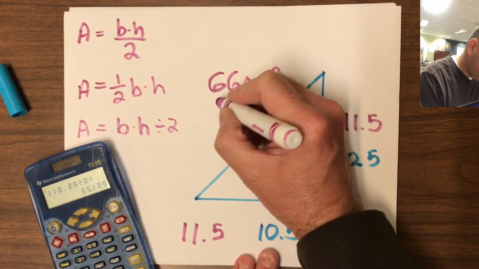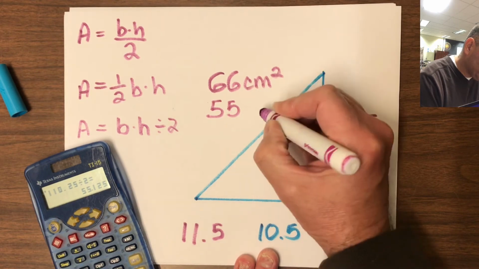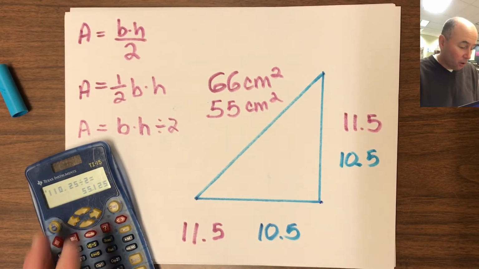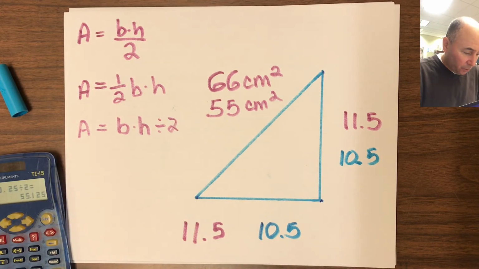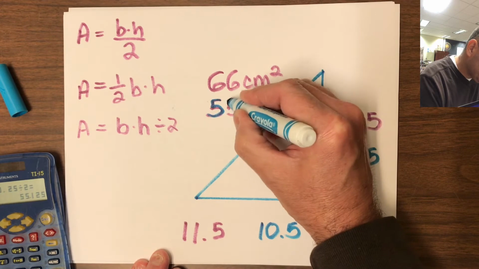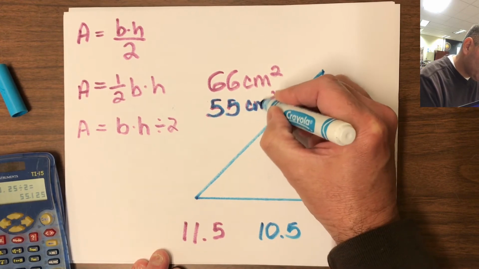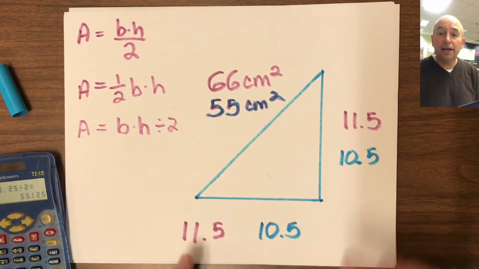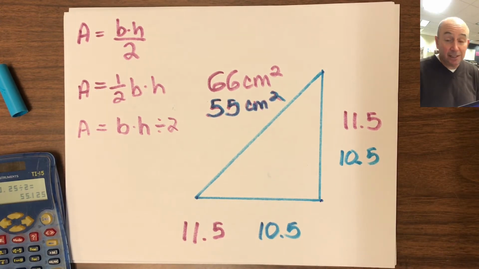That comes out at approximately 55 square centimeters. So you can see there is going to be a pretty big discrepancy depending on how you measure. That's a part of real-world mathematics and real-world measurement.